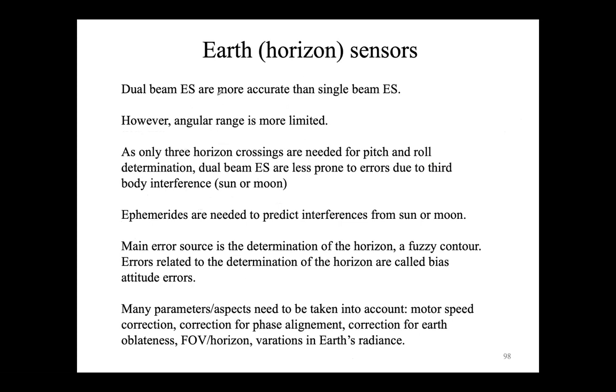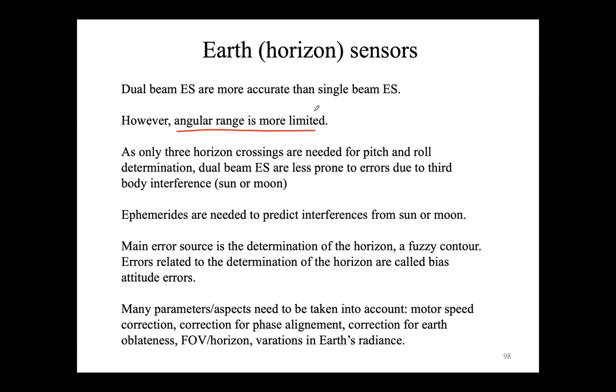We have to be careful, though, because there are also disadvantages to this configuration. First of all, the angular rate is more limited. You are not able to look at two largely separate regions of the Earth, but you're going to use regions that are not largely separate from the two scanning.